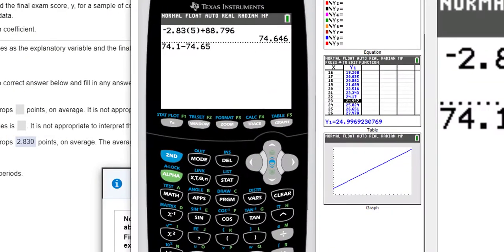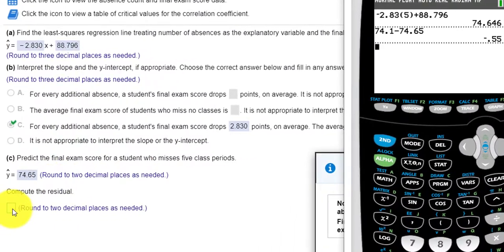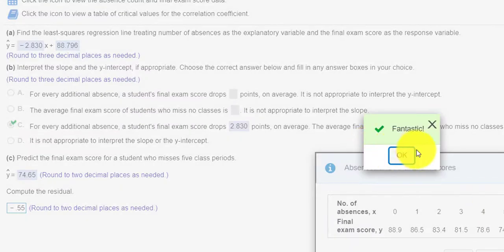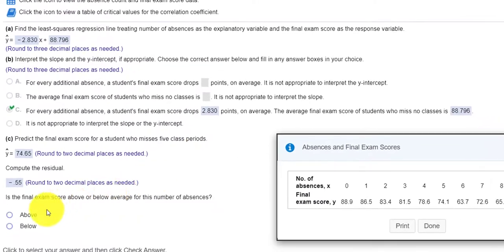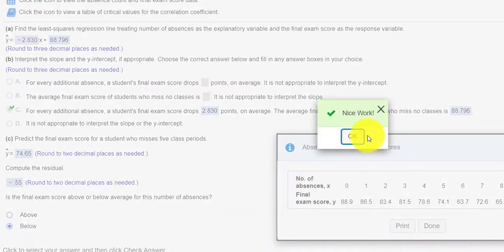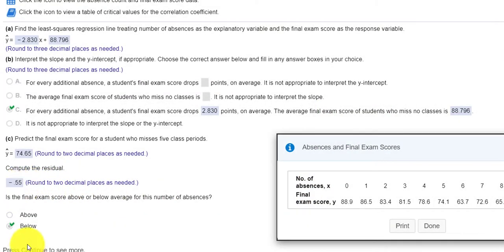Right? 74.65 is what we predicted. So the residual is negative 0.55. I check my answer. We get the fantastic. And then it's going to be below. Is the final exam above or below the average for this number of absences? I put below, right? I get a negative residual. That's a hint.